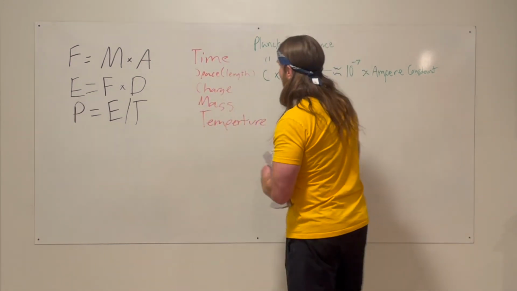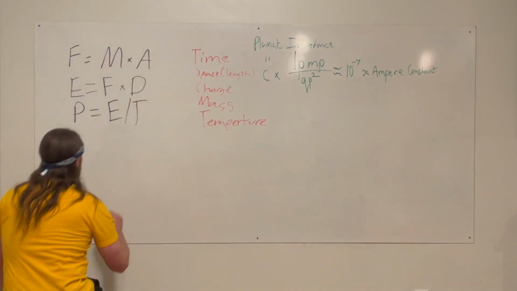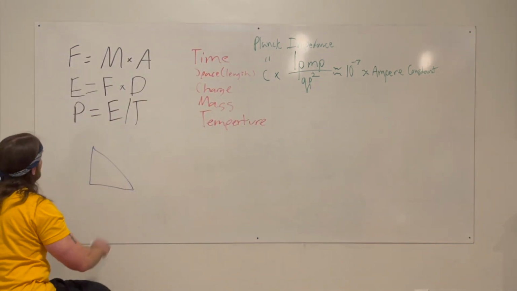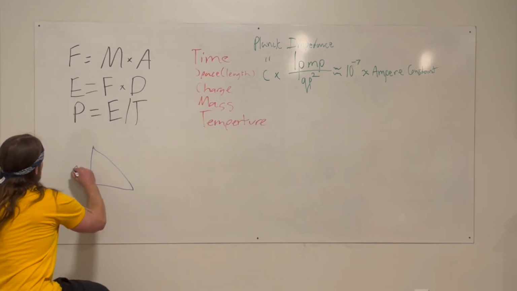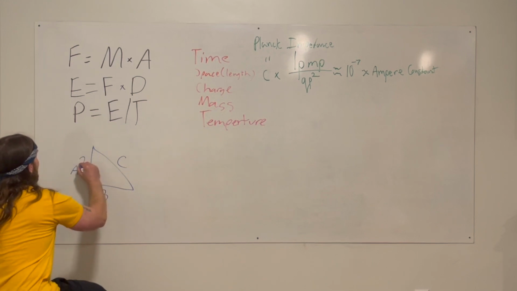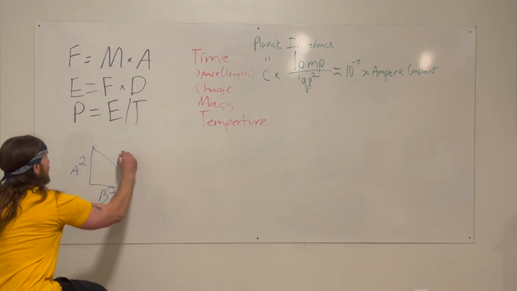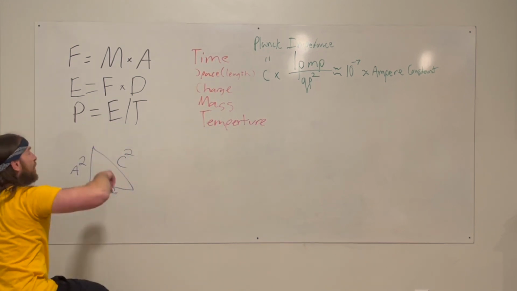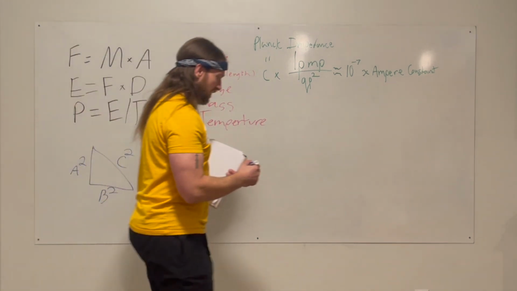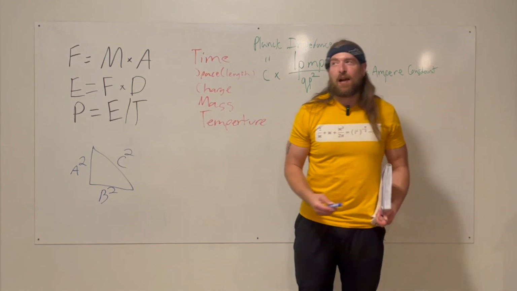You can have your triangle here. I mean, who doesn't like triangles? All right, so you have A and B and C, and A squared plus B squared equals C squared. Then you take the square root and you can figure out what that is. Cool. I never knew when the heck I would need to use it.